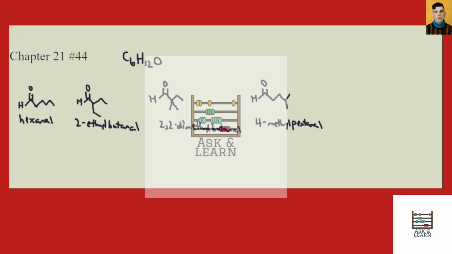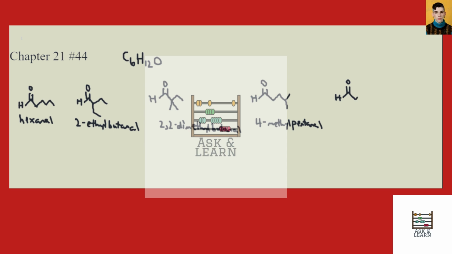Okay. And then lastly, for these unique ones, just like the 2,2-dimethyl butanal that we drew earlier, the third one that I drew, we could also put our 2 methyl groups on carbon 3 instead. And so that's going to make this 3,3-dimethyl butanal.